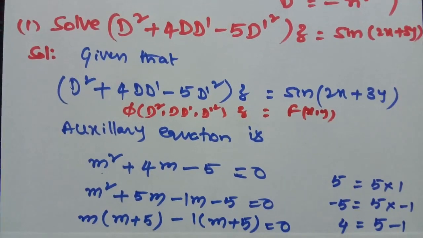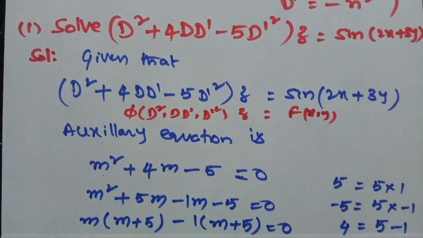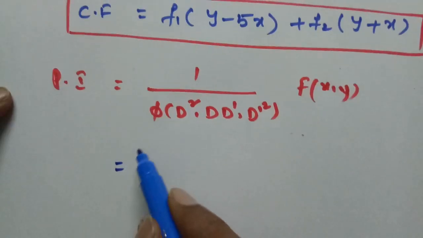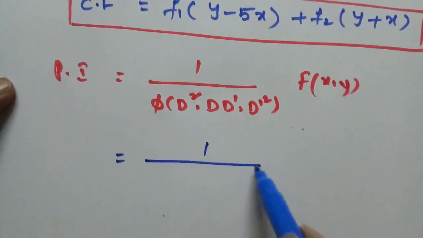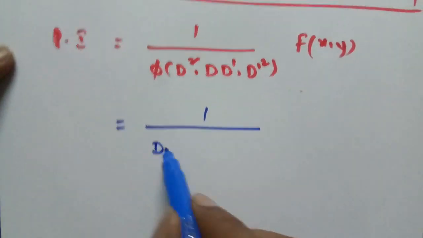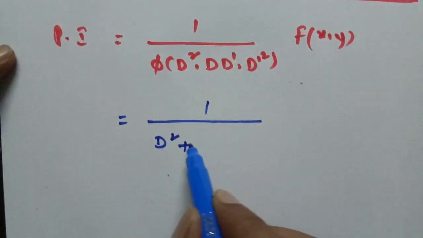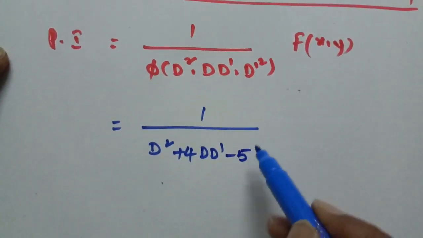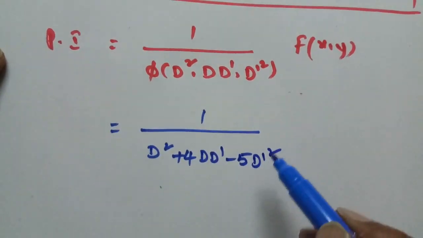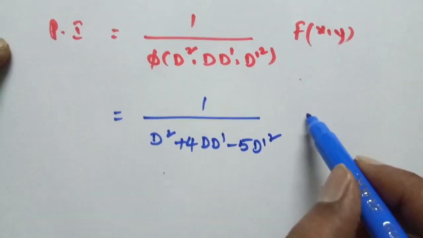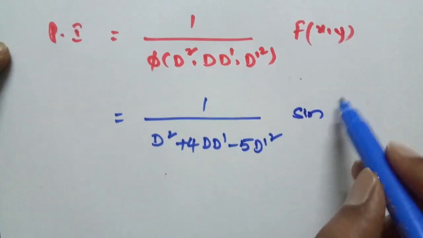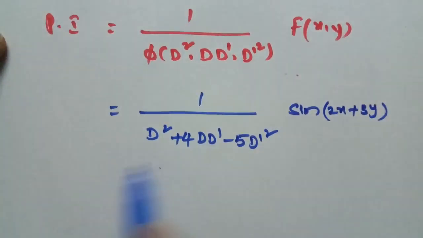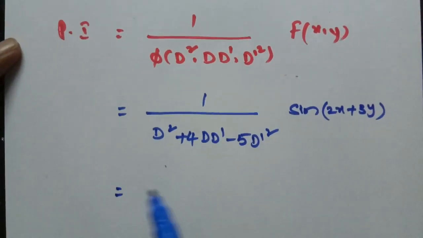Now here we are writing the left hand side part in the denominator. Therefore, that is equal to 1 by D square plus 4 D D dash minus 5 D dash square, f of x comma y is sine of 2x plus 3y.